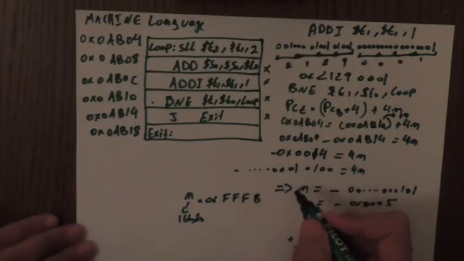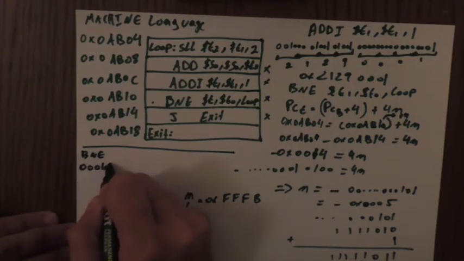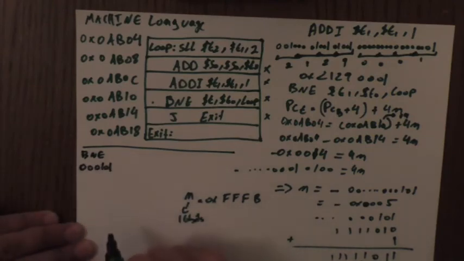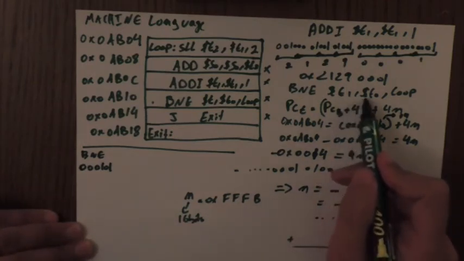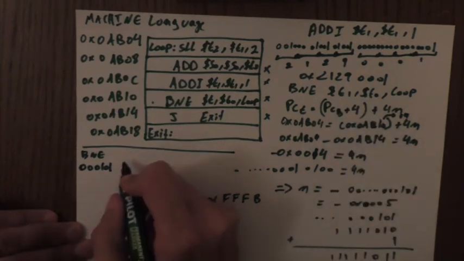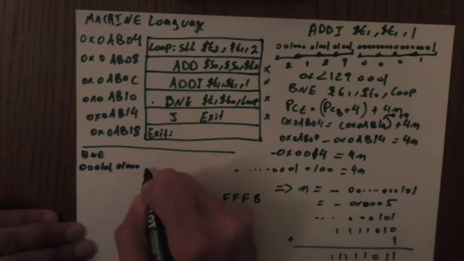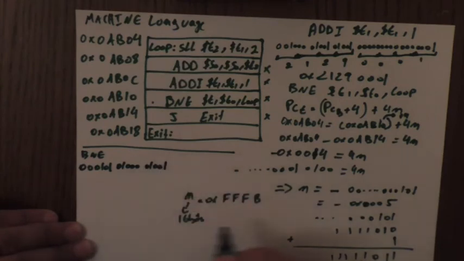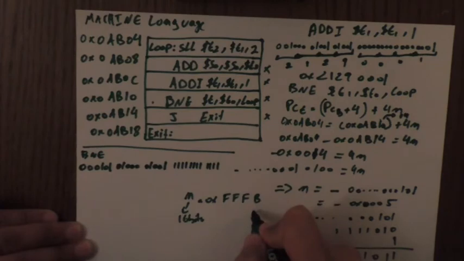So this is BNE, it's going to be 0 0 0 1 0 1 and then we will have RS, which is T0, which is equal to 8, and then we have RT, which is equal to 9, and then we have the 16-bit immediate, which is going to be 12 ones and a B.